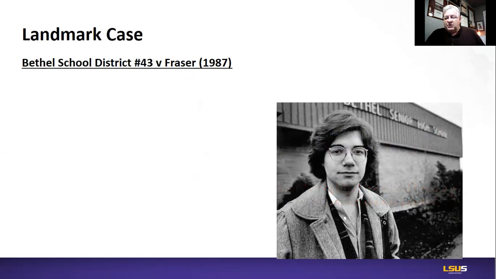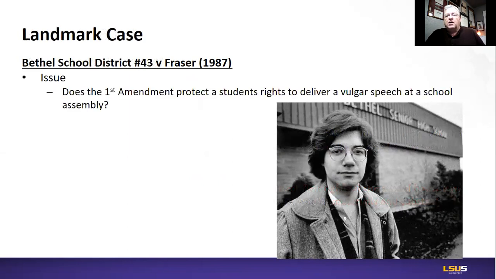And in the speech, he used a lot of sexual innuendo. So the school district punished him, and then through his parents he appealed that, and it finally made it to the Supreme Court in 1987.